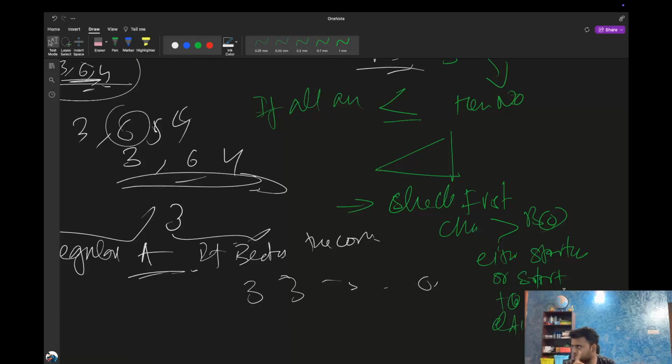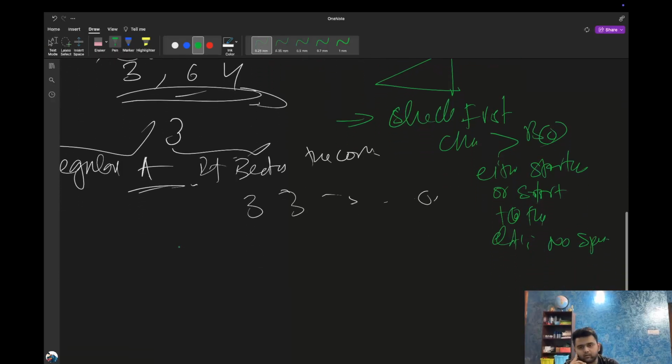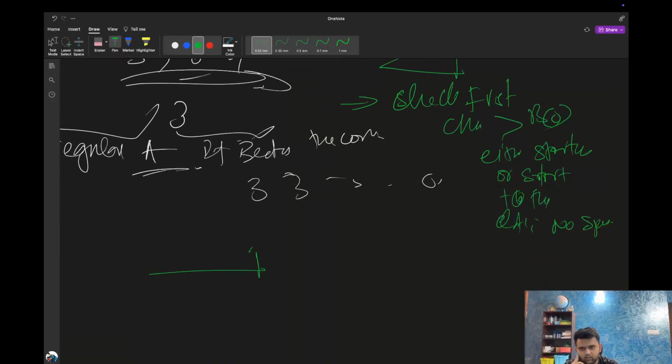So it might be better to start on the left if there's no space left. So I can consider the first char greater than 3, so let's say 6, but I don't have much space.